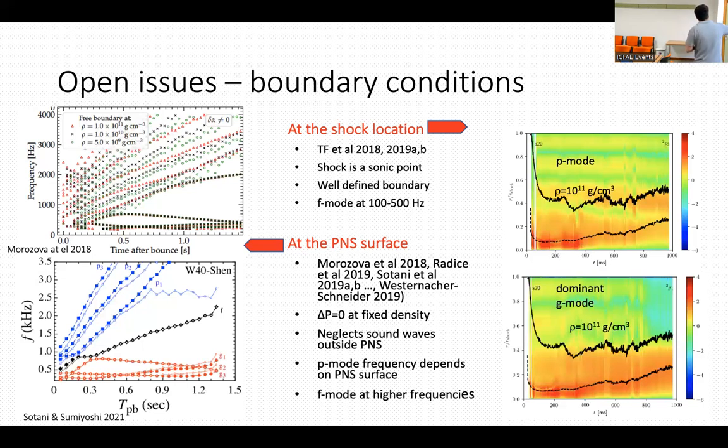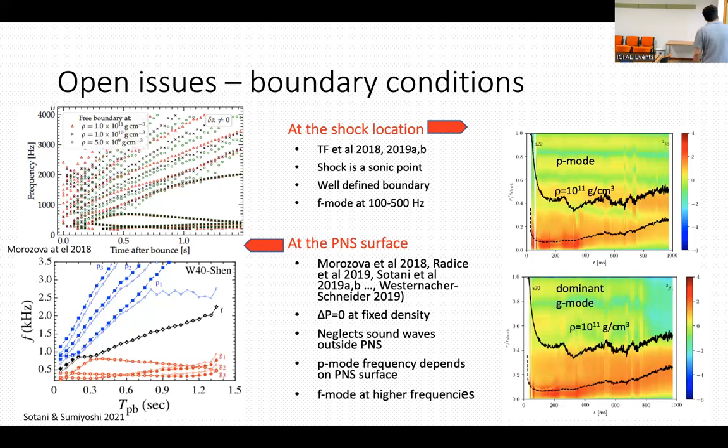The other way is to impose the boundary condition at the surface of the proto-neutron star. As the proto-neutron star will be the main source of gravitational waves, you don't want to take care of the other part up to the shock, and you put boundary conditions there. The thing is, the surface is not very well defined. There is not a clear point where the surface of the proto-neutron star is. At the beginning, you have something which has, I don't know, 1 kilometer, 2 kilometers, and it's shrinking and getting narrower, but it's not clear at that point where you have the surface.